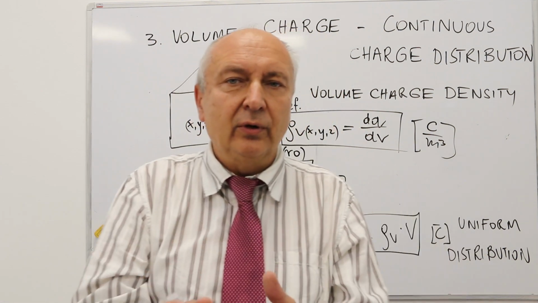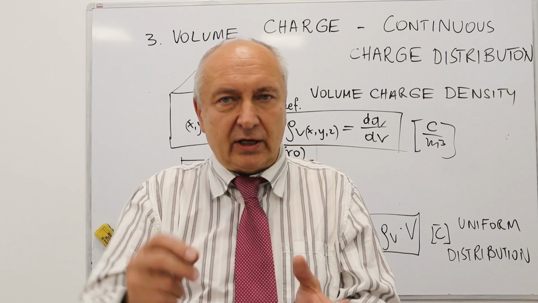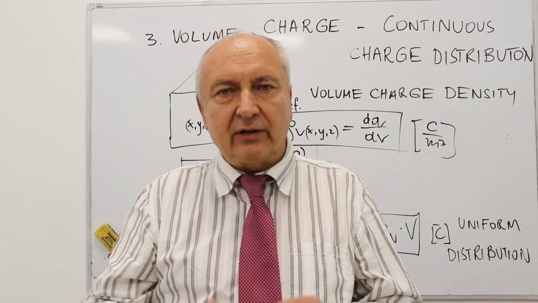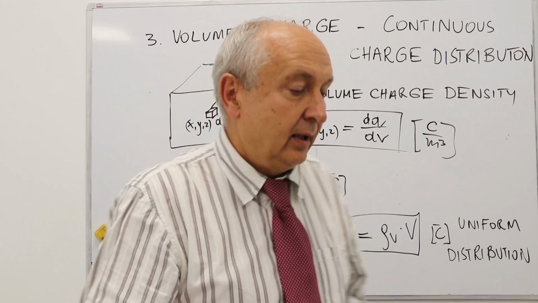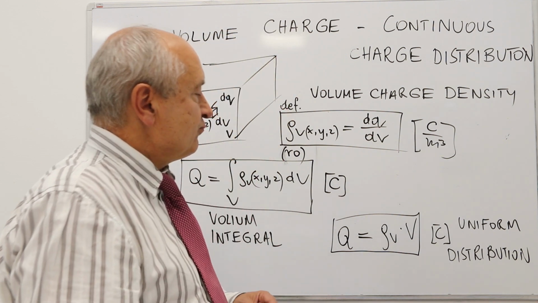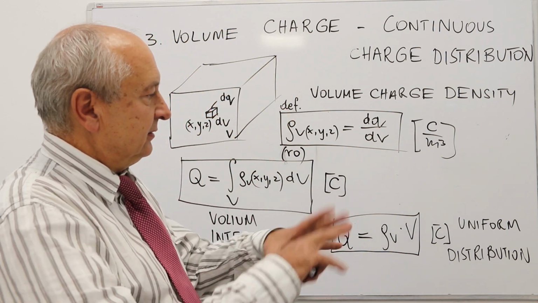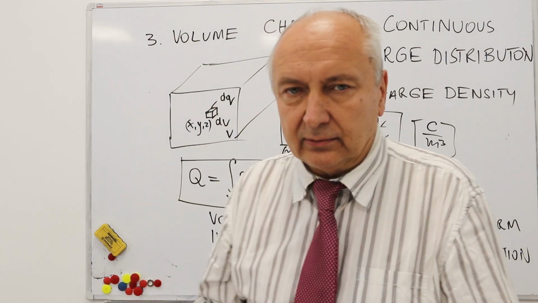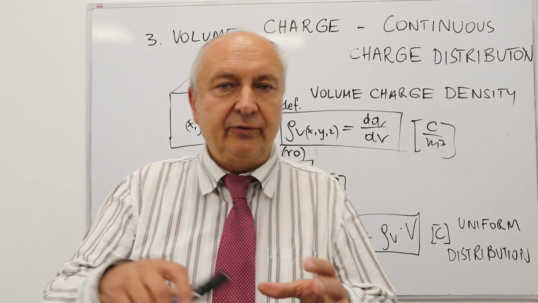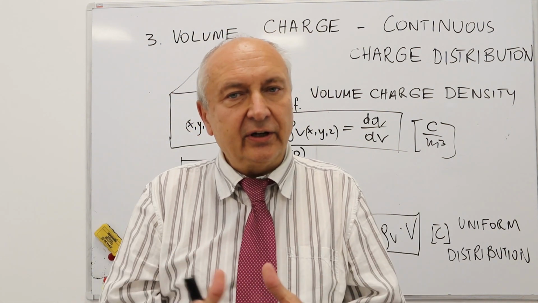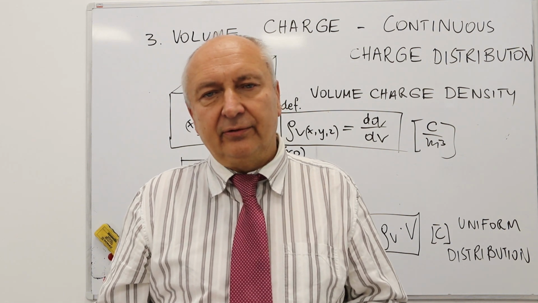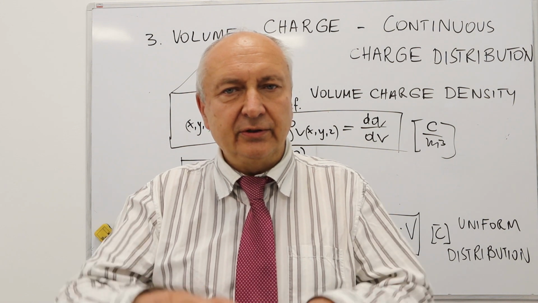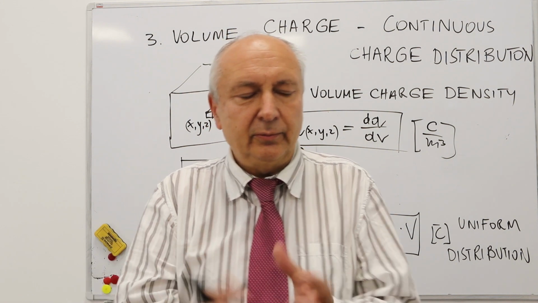When we have a ball of conductor and we charge it, we obtain uniform surface charge distribution. When the conductor has a shape different from a sphere, we do not obtain uniform distribution. The charge will be distributed non-uniformly.